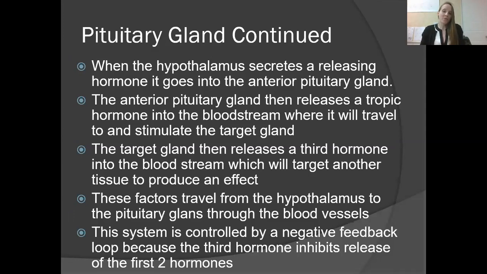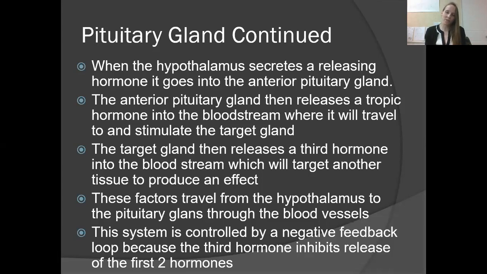Depending on the type of releasing hormone, that is going to determine what hormone is then released by the anterior pituitary. That hormone gets released into the bloodstream, where it'll travel through the blood and then hit the target gland. The target gland is then going to release its own hormone or do something else to affect a change in the body.